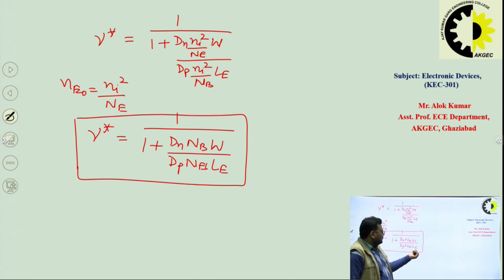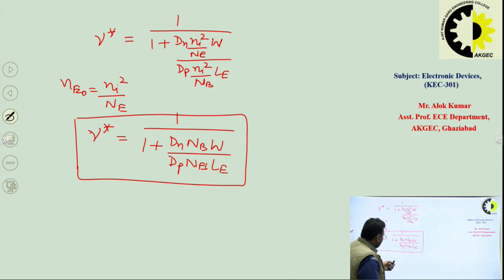So this is the width of the base, and this W by L ratio should be less than 1 if we want to make it 1. How is it possible? If we make the emitter larger as compared to the base, or if we keep the base as small as possible. So this is the reason why we make high doping in the emitter region and why we keep the base region as small as possible.